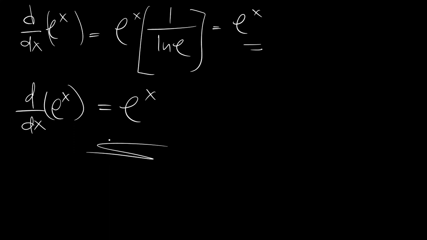Let's say if you have a different base other than e, let's say you have a problem like this. You should find the derivative of a raised to power x.